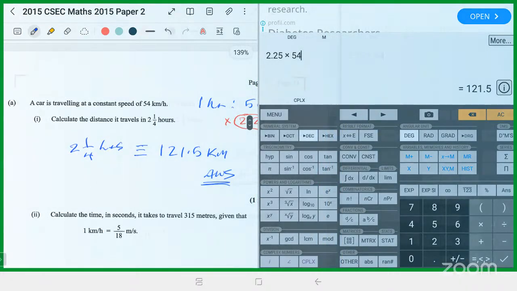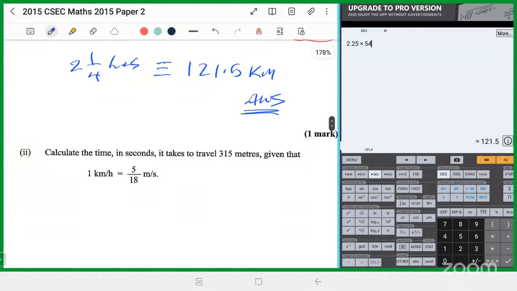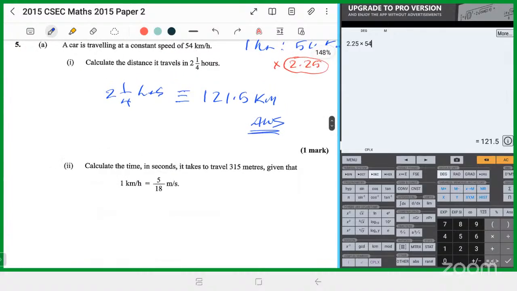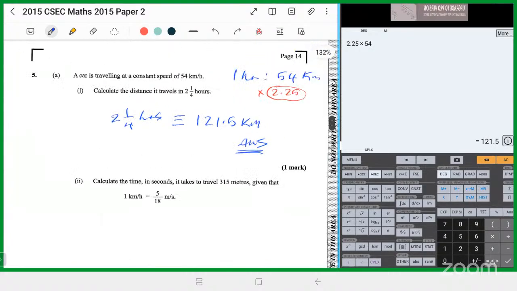Alright. Then down here it says calculate the time in seconds it takes to travel 315 meters, given that 1 kilometer per hour is 5/18 meters per second. We can do this multiple ways.